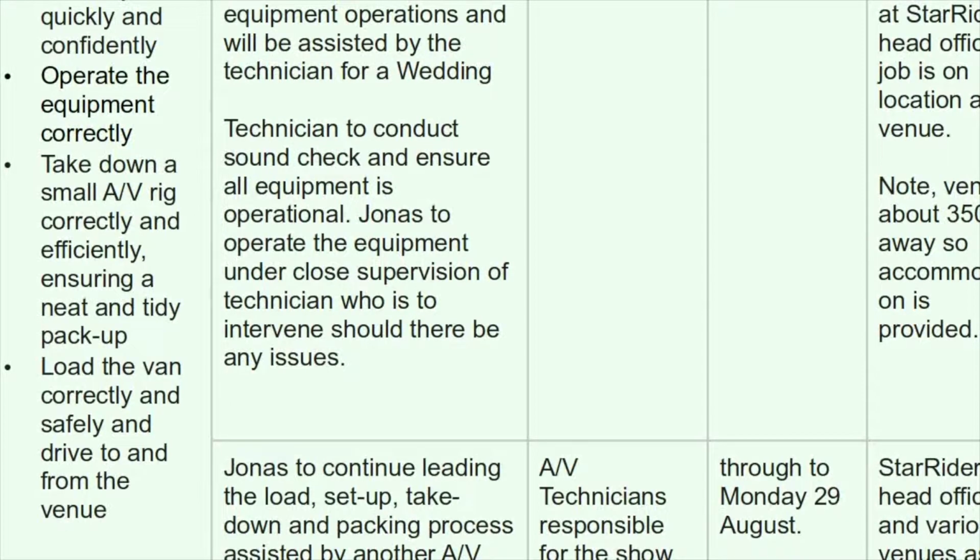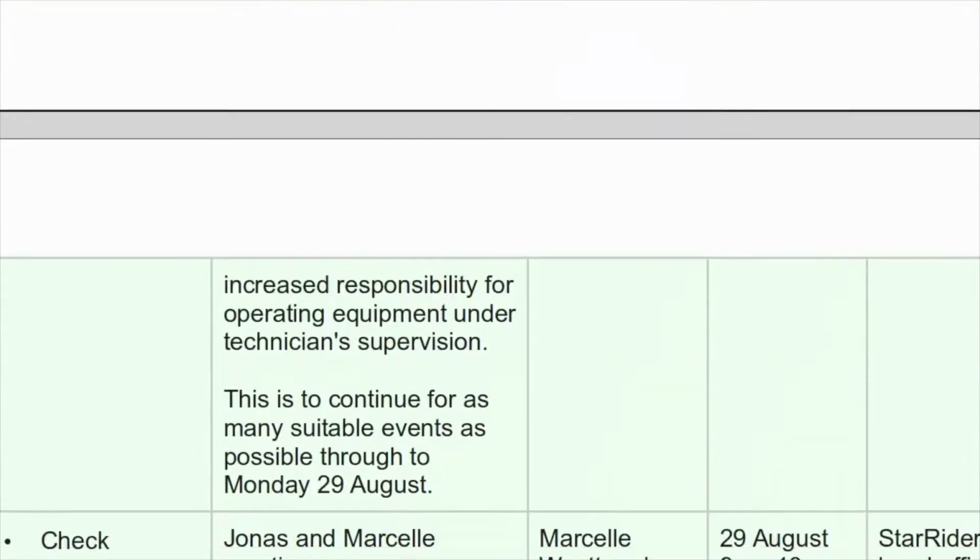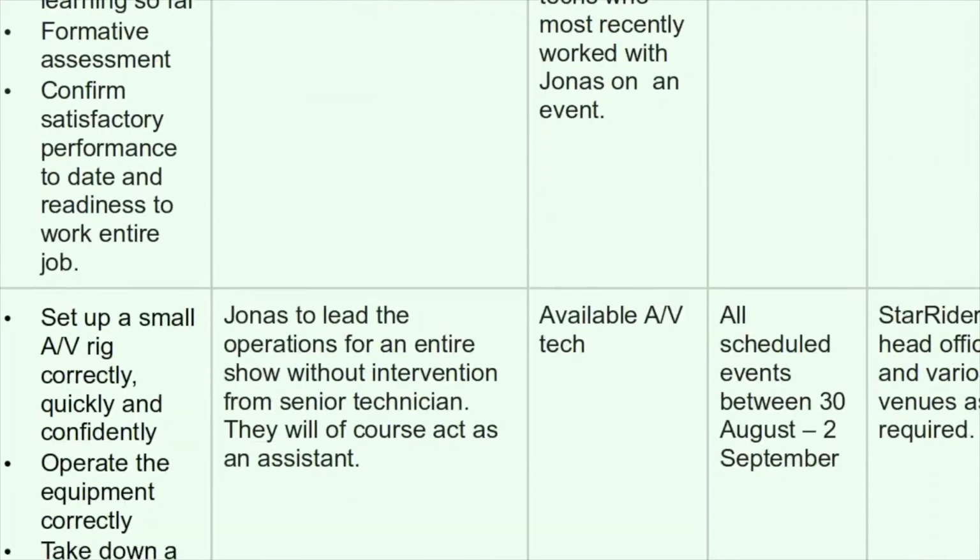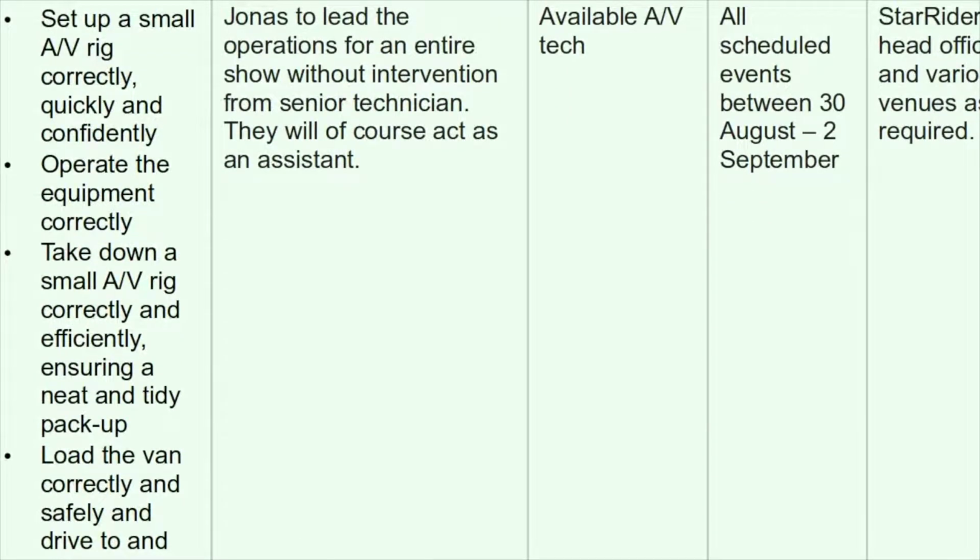You'll see that the last job our learner does is to lead the operations for an entire show without intervention from a senior technician. They actually swap roles so Jonas can have an opportunity to show he can manage the whole process. Also, you'll see that all the learning objectives are included here, so it's sort of a summative assessment.